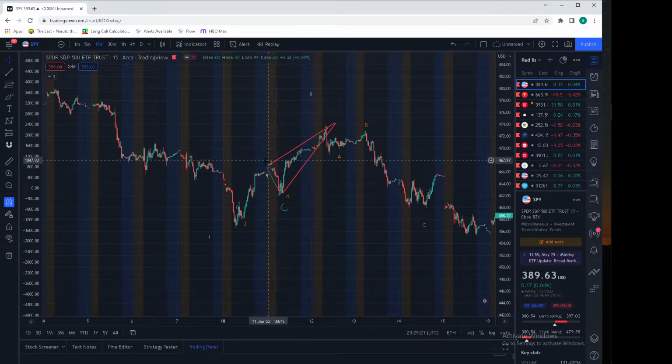So once you see that rejection happening here, you enter your short position, and then you get a nice drop. If it drops below that high that wave one created, then you're just racking up money. You take your first trim, second trim here, and it keeps dropping and you're still short, then you're winning.